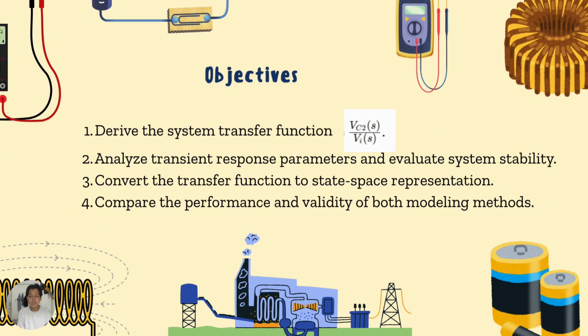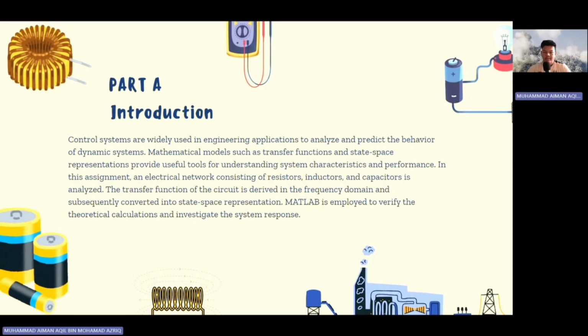We should evaluate the stability of the system by checking the poles of the transfer function. Third, to convert the transfer function into state space representation. Finally, to compare the performance and validity of the transfer function model and the state space model using MATLAB simulation result.